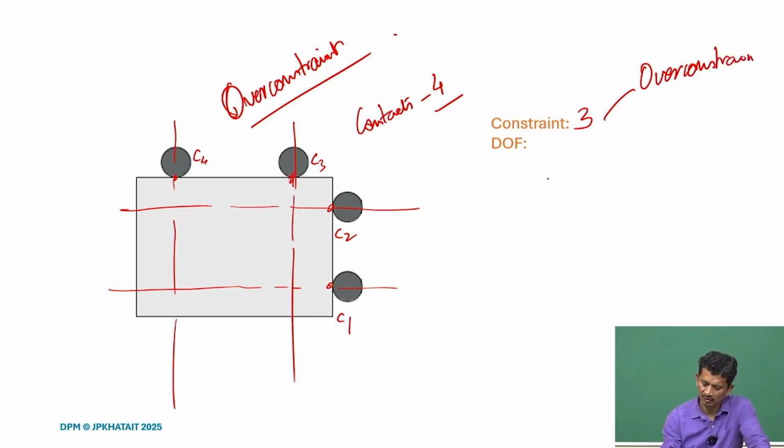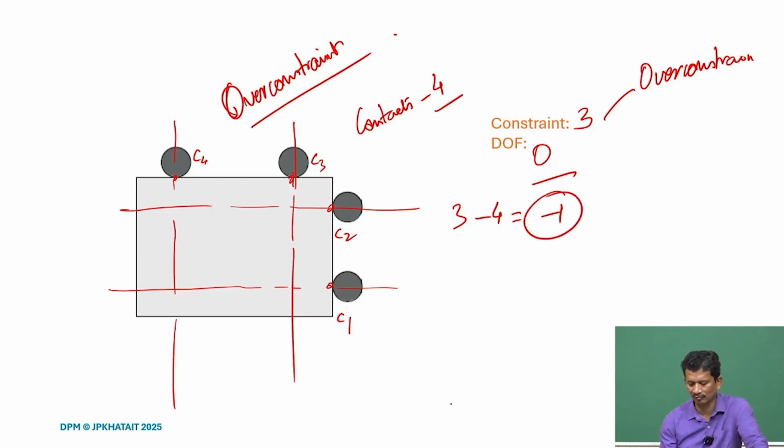DOF is 0, right. But if we go by this, there are 4 constraints, right. So, 4 contacts and 3 DOF. So, 3 minus 4 equals minus 1. So, it means we can also say that there is one over constraint here, and that has to be identified, and possibly we may have to remove it. So, again I am leaving it here.